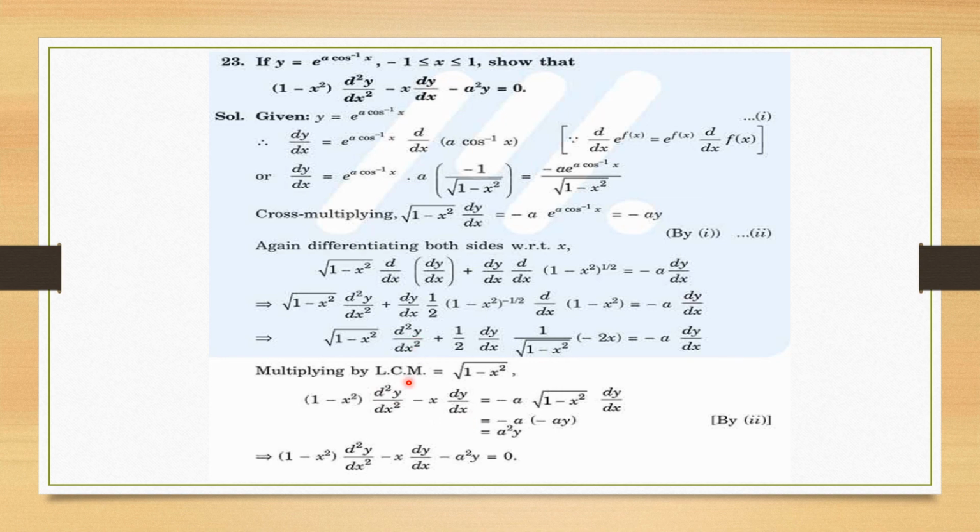So d square y by dx square, and the roots are removed, as it will be root 1 minus x square whole square, and minus x times dy by dx is equal to minus a root 1 minus x square dy by dx. This by the earlier result becomes minus ay, so minus into minus is plus, that is a square y. Take it to the other side and you will get this expression as the desired result.